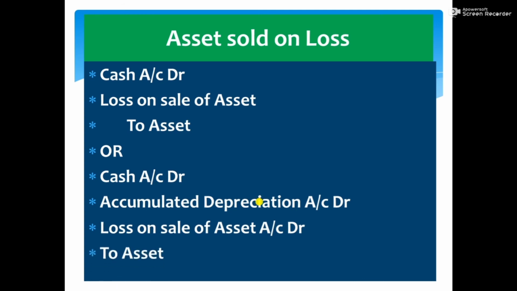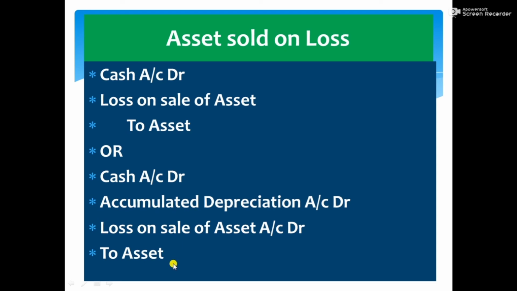Instead of debiting loss on sale of asset account, you can straight away debit P&L account, or you can debit loss on sale of asset account, and later that loss on sale of asset account can be transferred to profit and loss account.